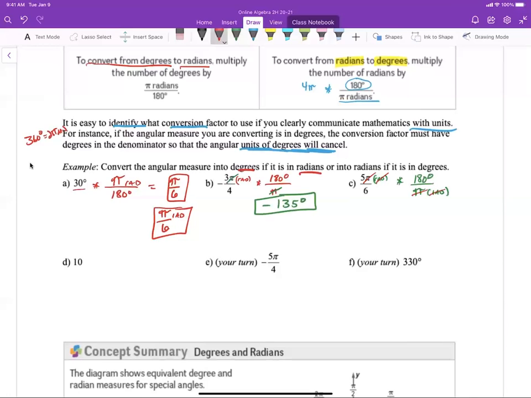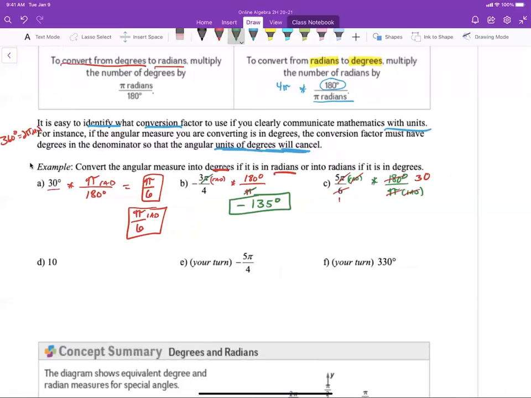And I know 6 goes into 180 30 times, right? Yes. And then 30 times 5 is 150, and what unit is left is degrees.